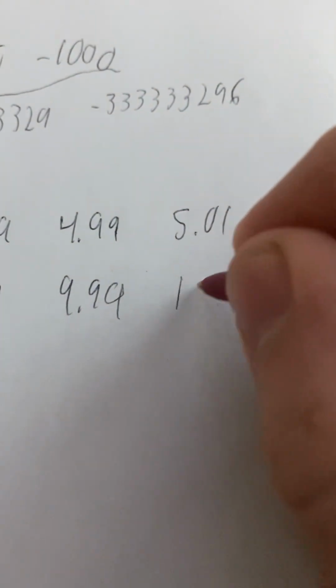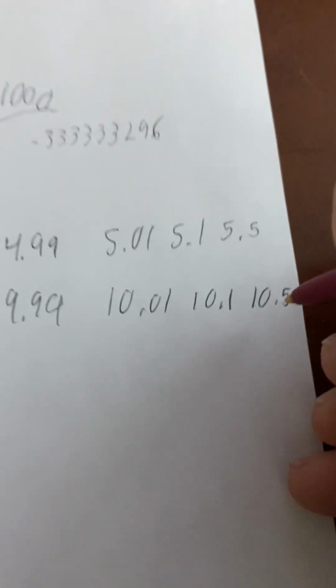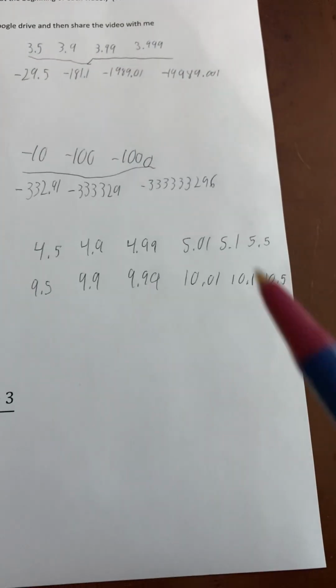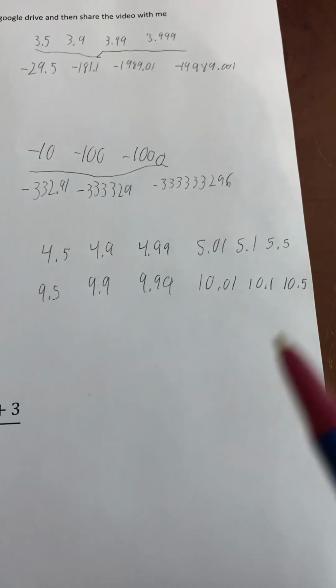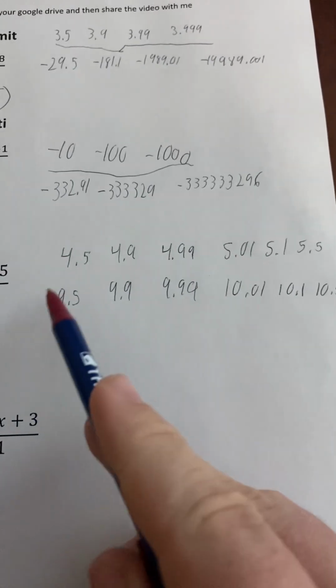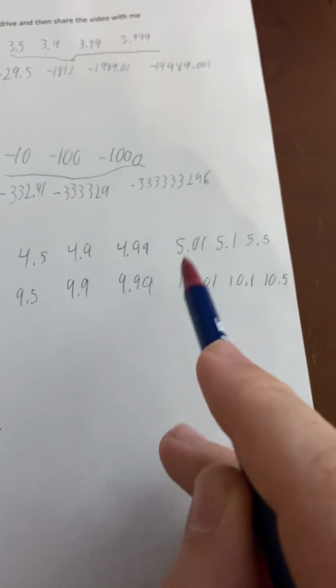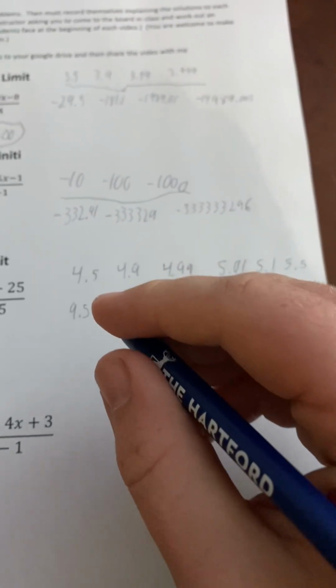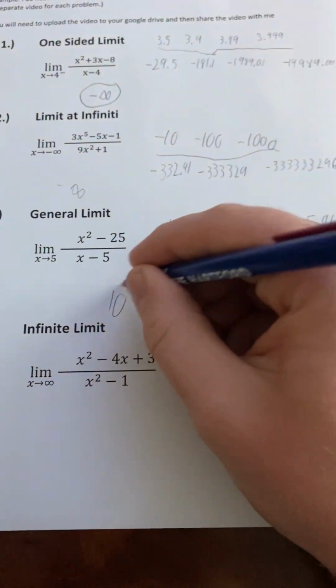This one is 10.01, 10.1, 10.5. Coincidentally enough, after you plug everything in, it's almost the equivalent of just adding 5 for all of these values, but you can see this is approaching 10, and if you work backwards from right here, that's also approaching 10. So as x approaches 5, the limit will be approaching the value of 10.